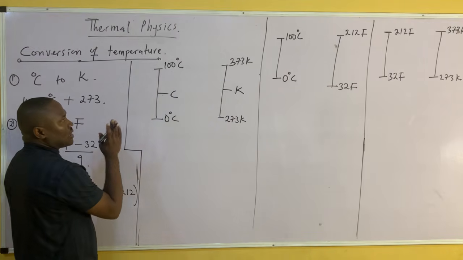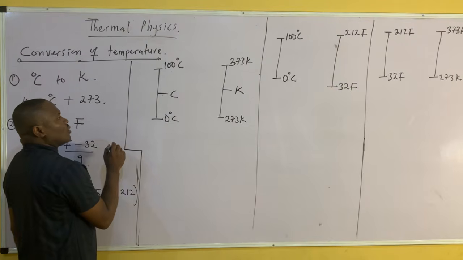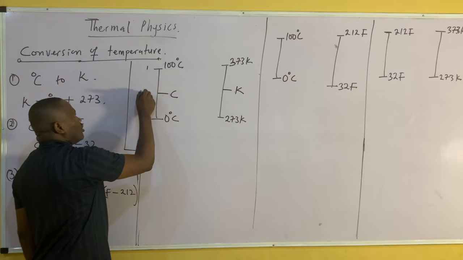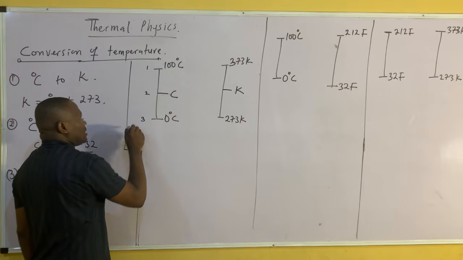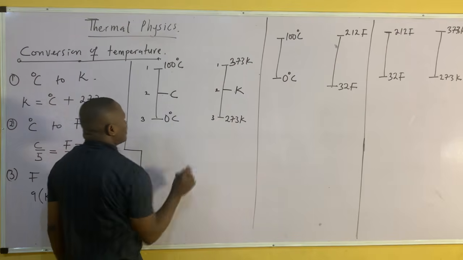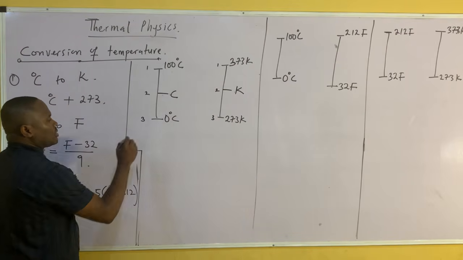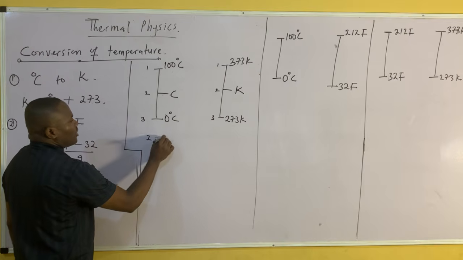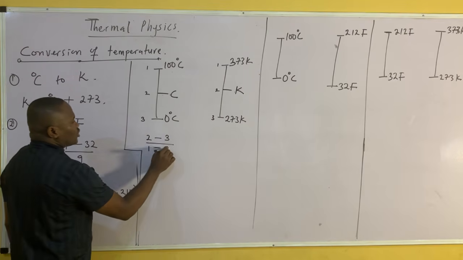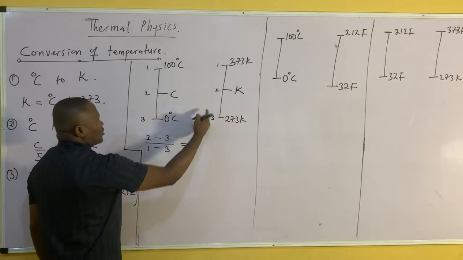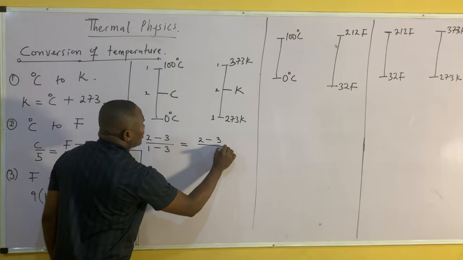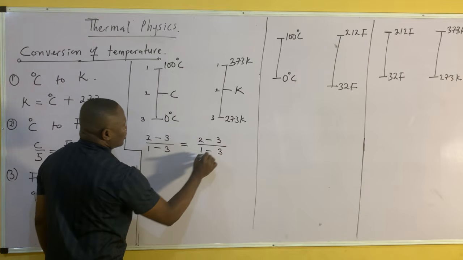I want us to look at it this way. Let me call this number one, number two, and number three, and the same here. Now look at what I want to do. I will say let number two minus number three over number one minus number three be equal to the same thing here: number two minus number three over number one minus number three.